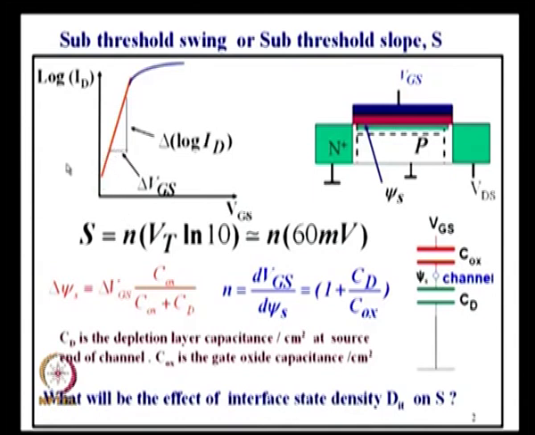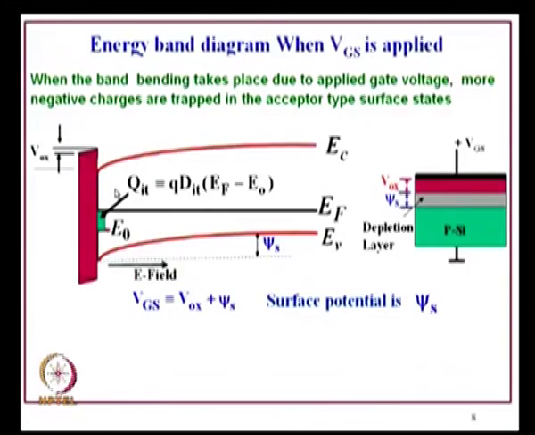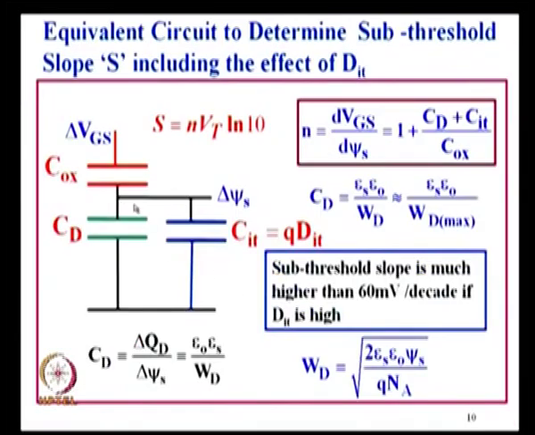Now, if there is no interface state density, it may not be 60 millivolts, it may be 70 millivolts. But if there is additional interface state density, you will have additional capacitance C it, and it will not be 70 millivolts, it may be 80, 90, 100, 120 millivolts, depending upon how much your C it is. How much your C it is depends upon the D it, and D it depends upon the quality of the oxide.